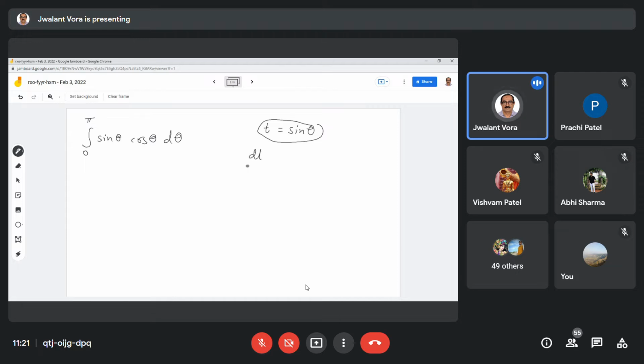Therefore, dt upon d theta is equal to d by d theta of sin theta, which is equal to cos theta. Therefore, bringing this to this side, we have d theta is equal to dt upon cos theta.